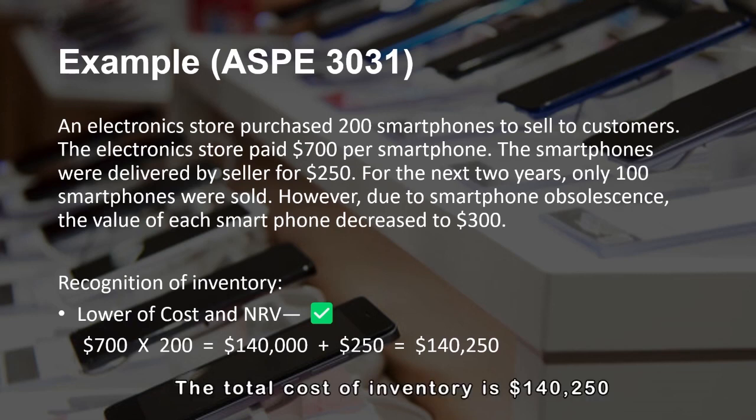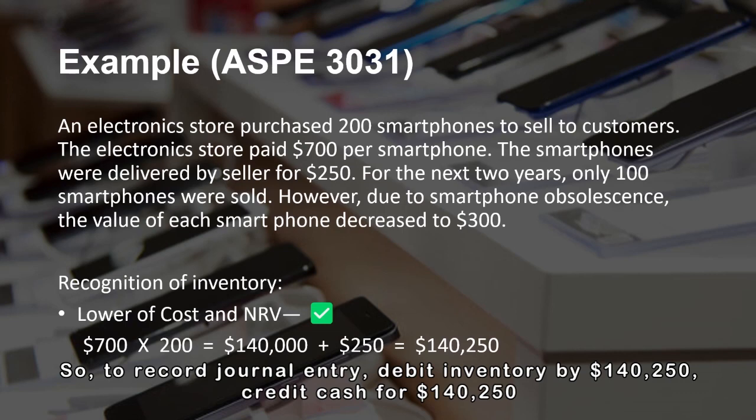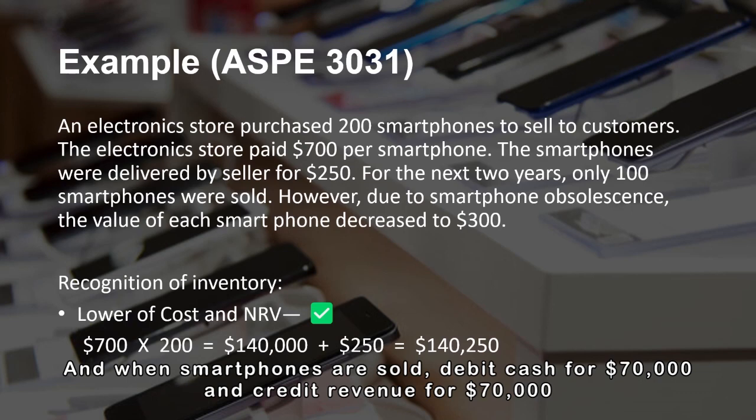The total cost of inventory is $140,250. So to record the journal entry, debit inventory by $140,250, credit cash $140,250. And when smartphones are sold, debit cash for $70,000 and credit revenue for $70,000.